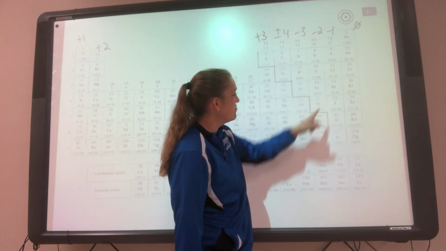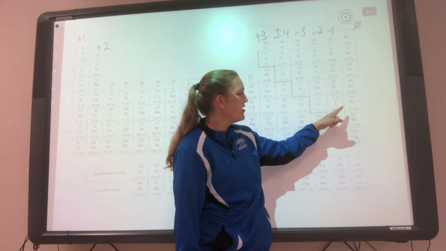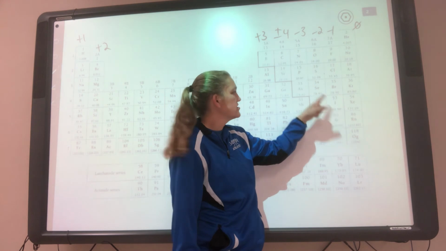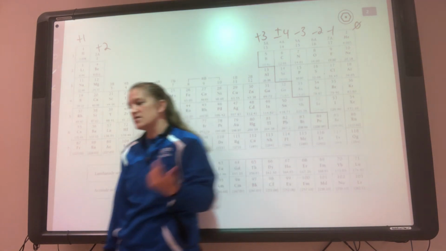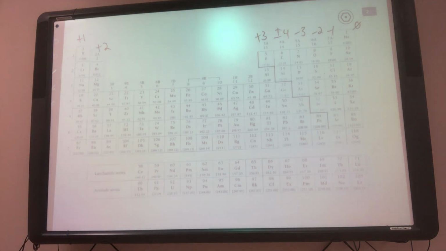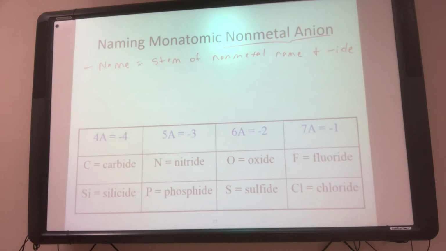So you could look at any of these and see iodine is iodide. Selenium, selenide. So you can look at any of them and get the IDE endings for those. All right, so now let's start looking at doing the names from these formulas, okay? And we'll start that on the next lecture.